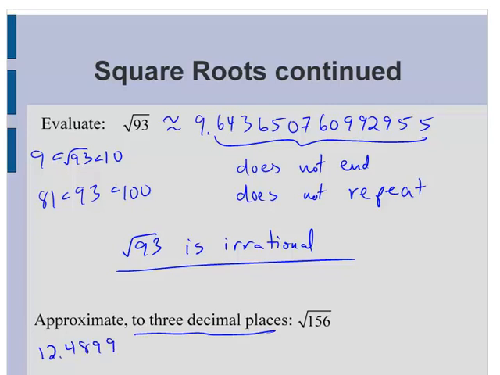So if I were to round up, 0.489 would round up to be approximately 12.490 to 3 decimal places. And again, this is an irrational number. The square root of 156 is irrational. 156 is not a perfect square.